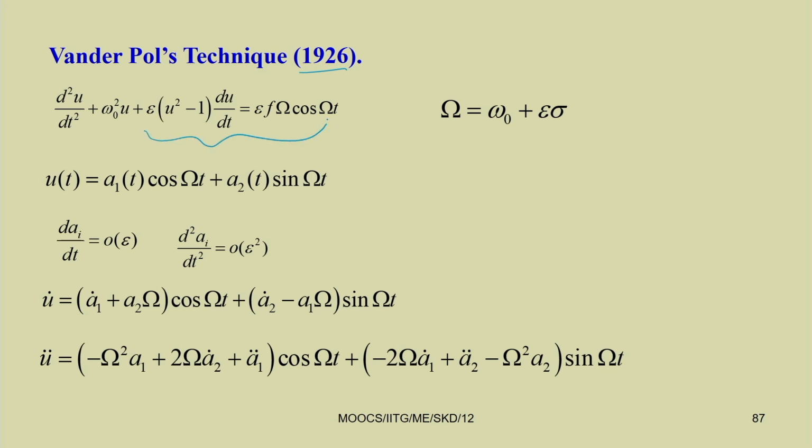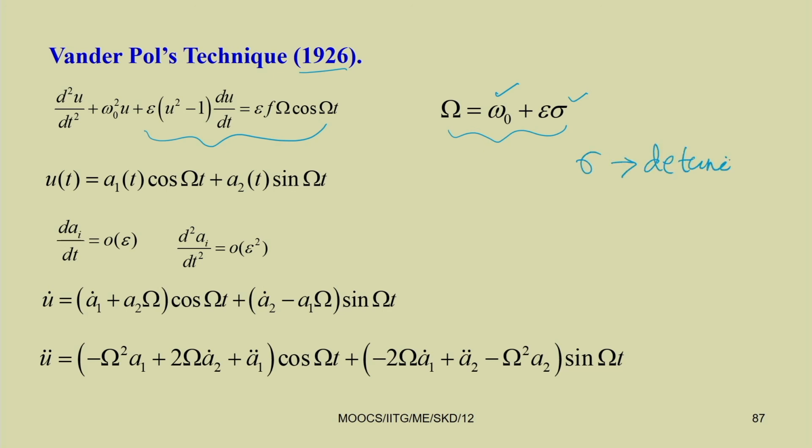So, then the solution, here substituting omega equal to omega 0 plus epsilon sigma, taking the simple resonance condition, that means when the external frequency is nearly equal to the natural frequency of the system, that is omega 0 of the system, and sigma is the de-tuning parameter.